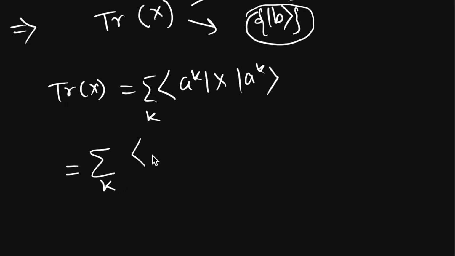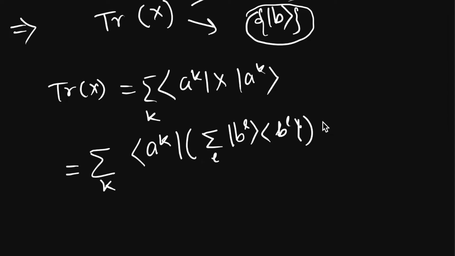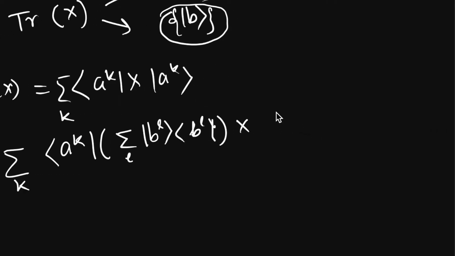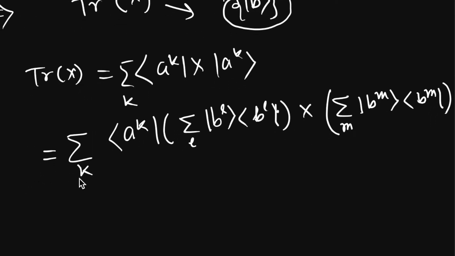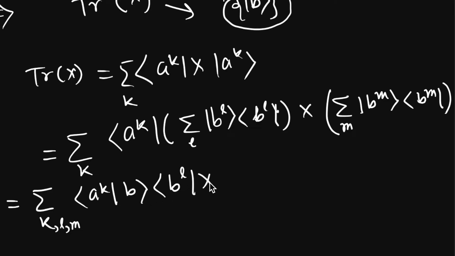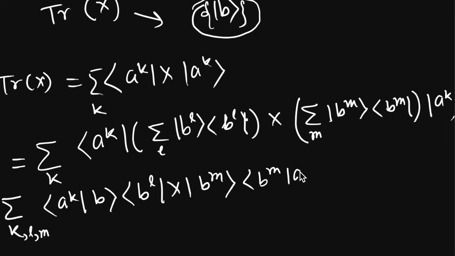Summation of k ⟨a_k| summation of l |b_l⟩⟨b_l| X summation of m |b_m⟩⟨b_m| a_k⟩, which is equal to summation of k, l, m ⟨a_k|b_l⟩ ⟨b_l|X|b_m⟩ ⟨b_m|a_k⟩.